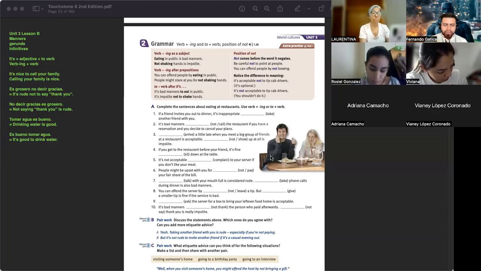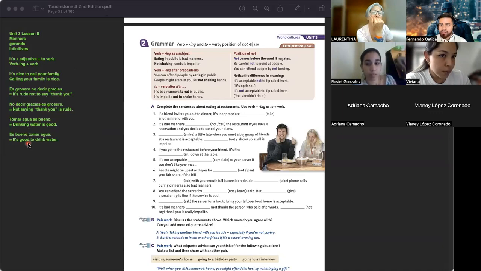Good, good, good. If you can remember that when a sentence begins with it's, you need to use an infinitive, then you'll be okay. If a sentence begins with it's, use an infinitive. Don't forget the to. That's the most common mistake. And if you put a verb at the beginning of the sentence, it's usually a gerund, unless it's an instruction, order, or suggestion.